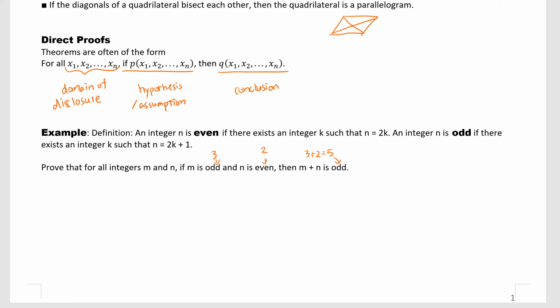But in order to prove it, we need to prove it for all integers. We cannot just pick some numbers and show it works. So to prove it for all integers, we can say: let m and n be arbitrary integers.